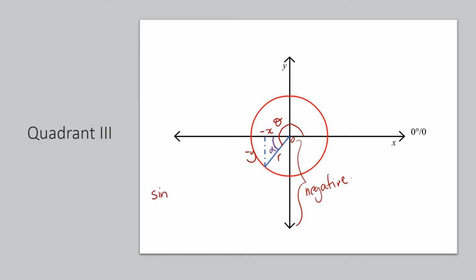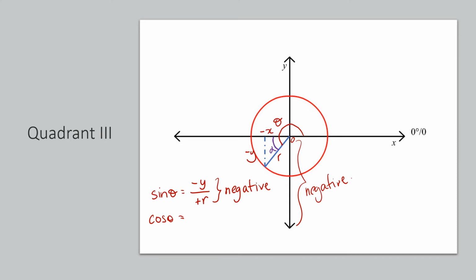The sine of our general angle that falls in the third quadrant will be sine is opposite, which is negative y over hypotenuse, which is positive r. So this would give us a negative sign. Let's look at cosine theta.